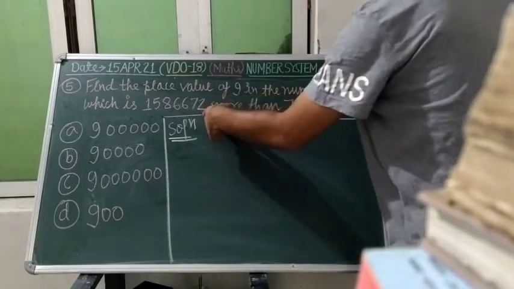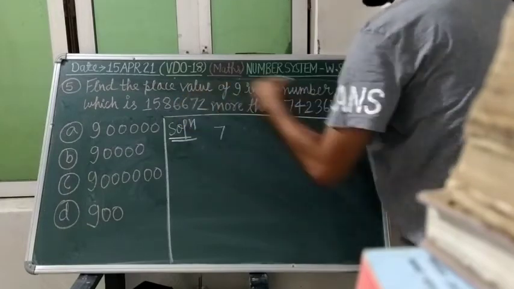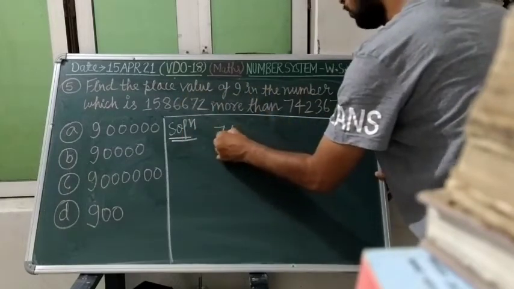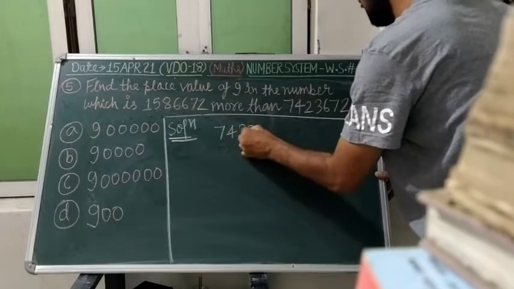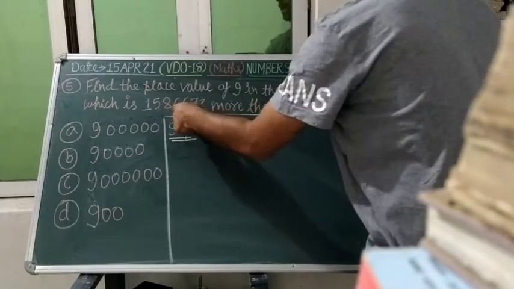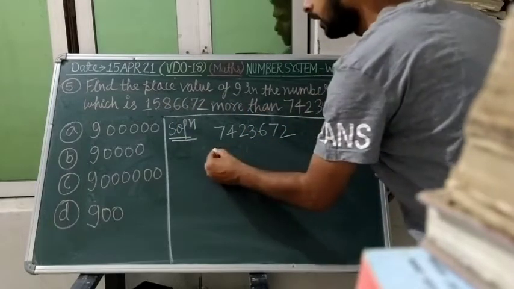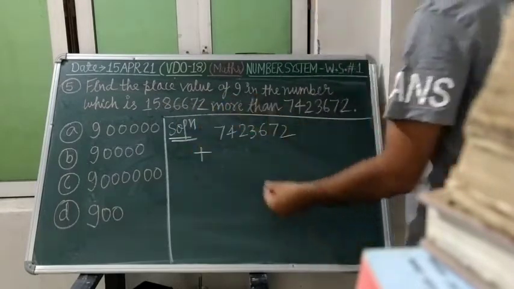So this much more than this number will be nothing but the addition of these two numbers, means 7423672 and 158667. More than this will be nothing but the addition of this.